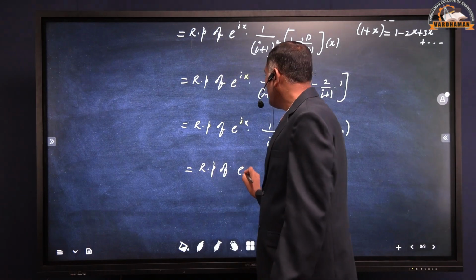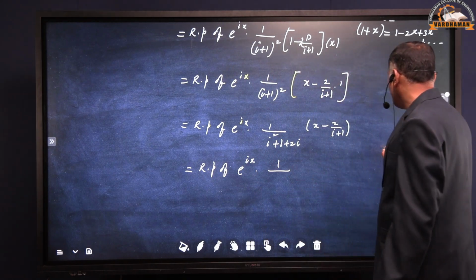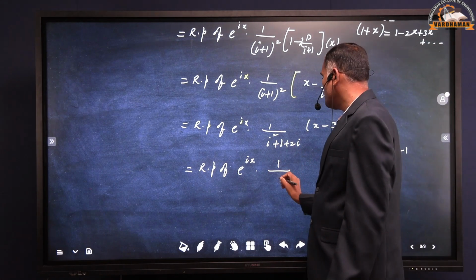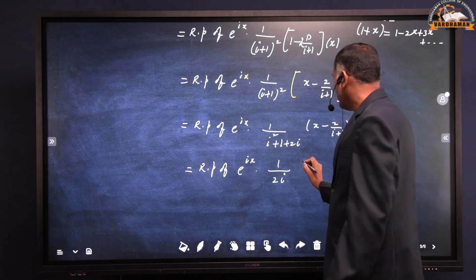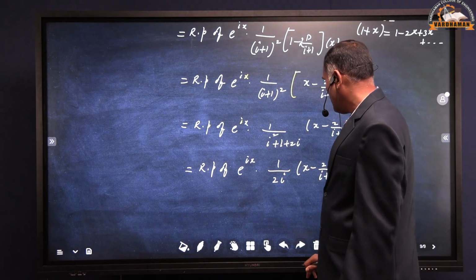Real part of e^(ix) into i square is minus 1, so we can cancel plus 1 with minus 1. So we'll get 2i here, x minus 1 by minus 2 by (i plus 1).